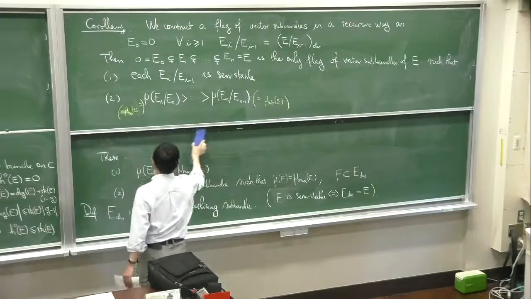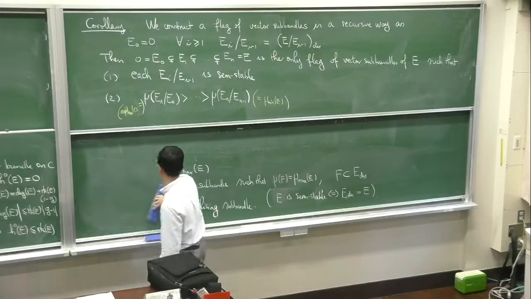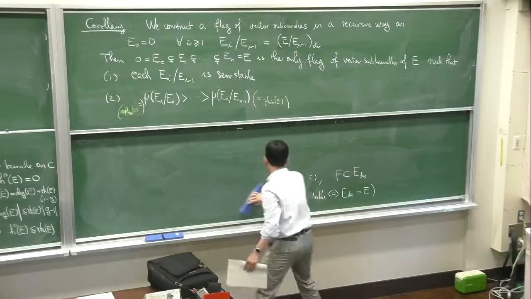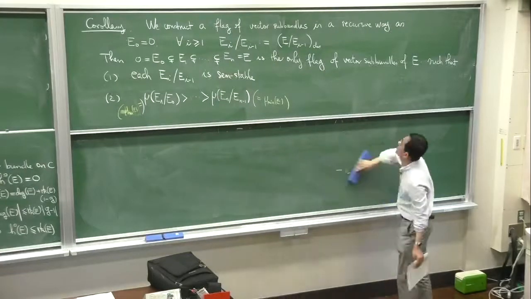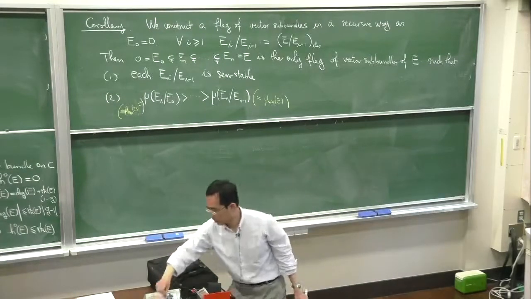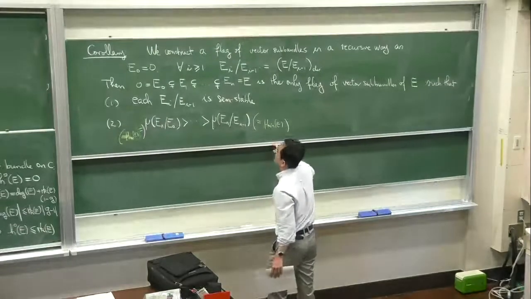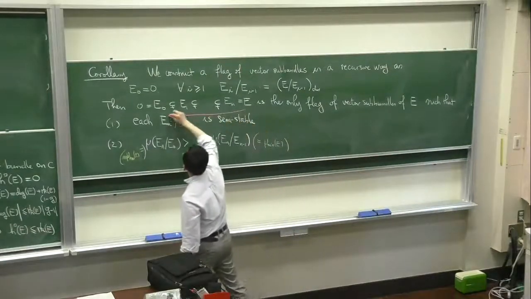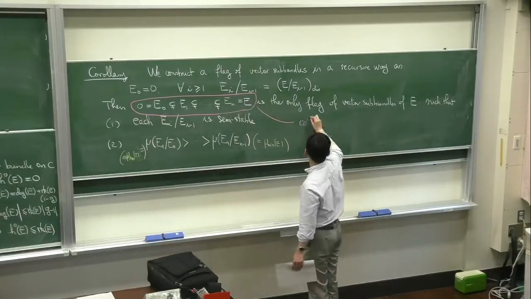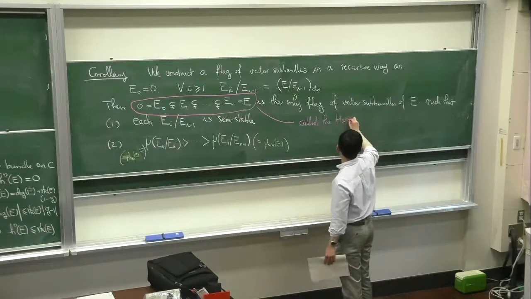Okay, so the idea of the proof is to use the Harder-Narasimhan filtration that is explained here. Just some complement to this corollary: you have some flag here. This one is called the Harder-Narasimhan filtration.